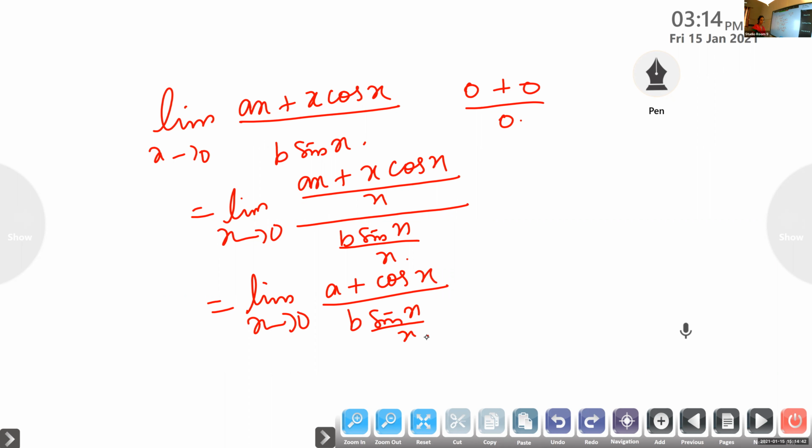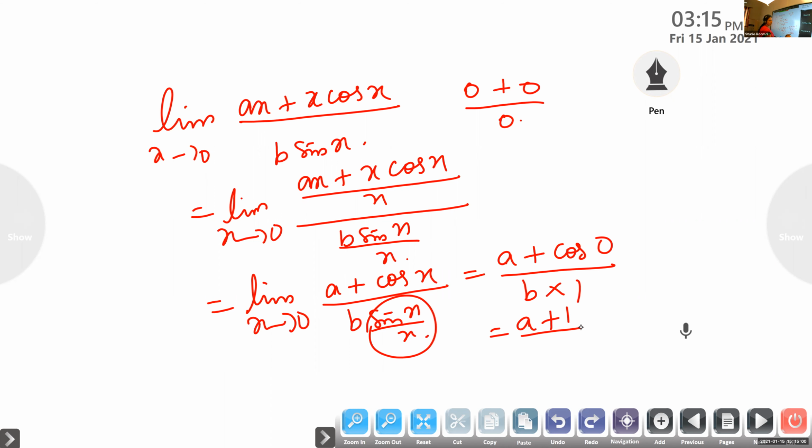Now take the limit. You will get (a plus cos 0) by (b into sin 0 by 0). Sin theta by theta becomes 1. What is cos 0? It is 1. So it is a plus 1 by b.